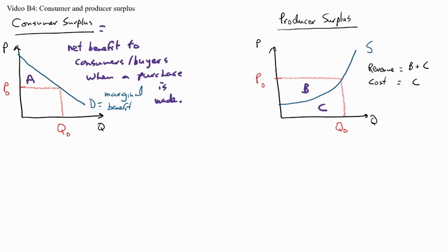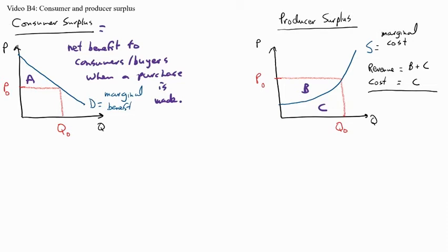Now that cost comes from identifying the supply curve as being equal to the cost of producing one more good, the marginal cost. And we total that up over everything from no production out to a quantity Q0, and that's how we get the total cost of C. Well, the difference between revenue and cost is the benefit to the producers, what we mean by producer surplus.